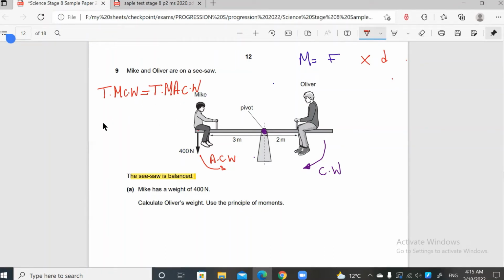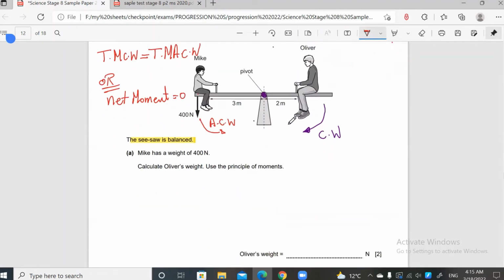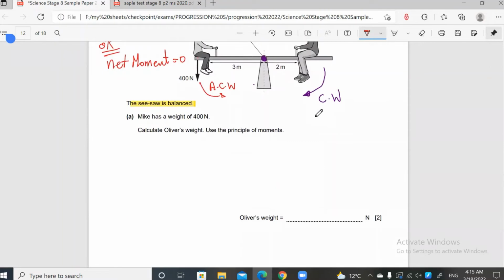Or you can say instead, the net moment equals 0, or the net force equals 0. That means the system is balanced. Let's complete the question.